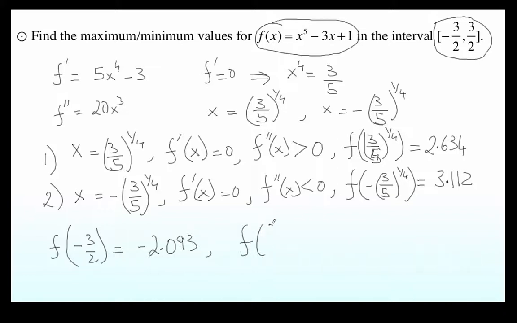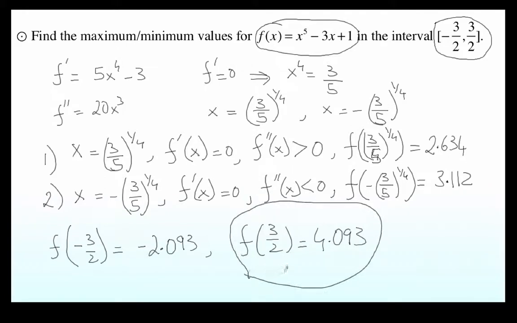Whereas f at 3/2 has value 4.093. So obviously the maximum value of the function in this interval is this, and obviously the minimum value of the function in the given interval is this.